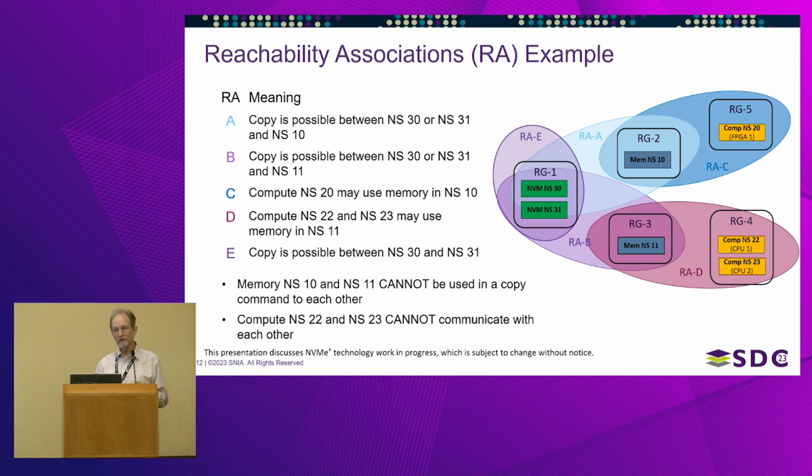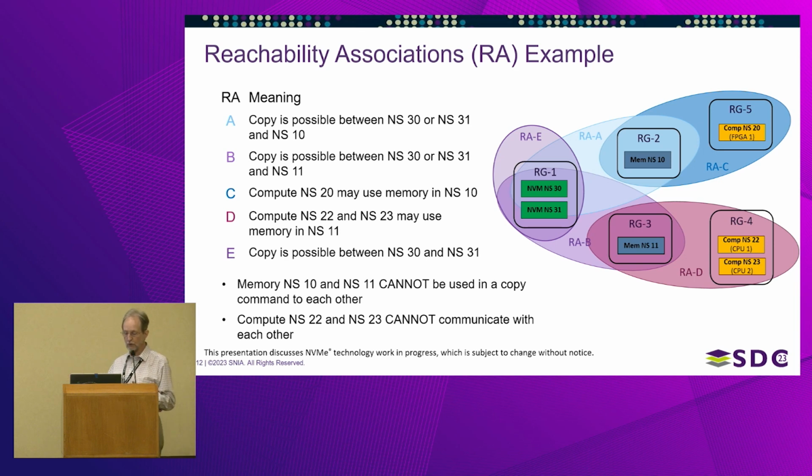So that's what fast copy means. So in reachability association E, when I define that association, I can specify that all reachability groups within that association have fast copy capabilities. So that's the one characteristic that's currently defined. It's left open for future characteristics to be defined.